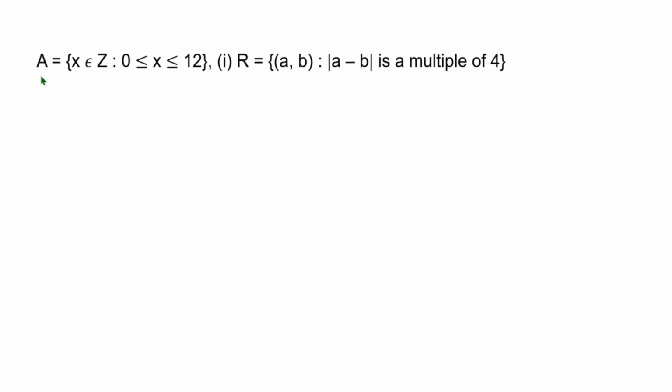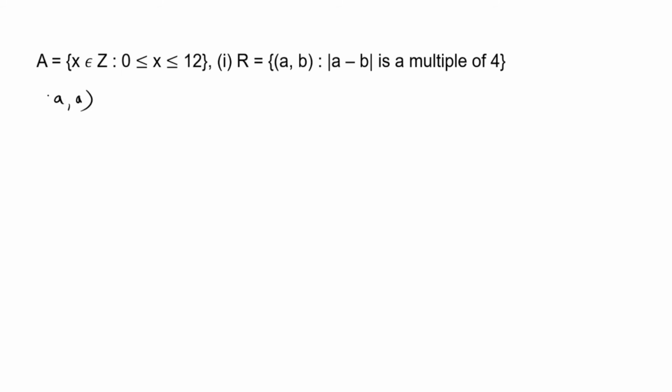This is the set A, and in the first subdivision we have to prove that this relation is an equivalence relation. R is the set of all ordered pairs (a, b) such that |a − b| is a multiple of 4. First we will prove R is reflexive.